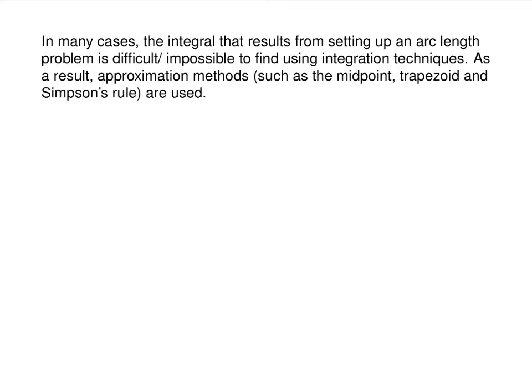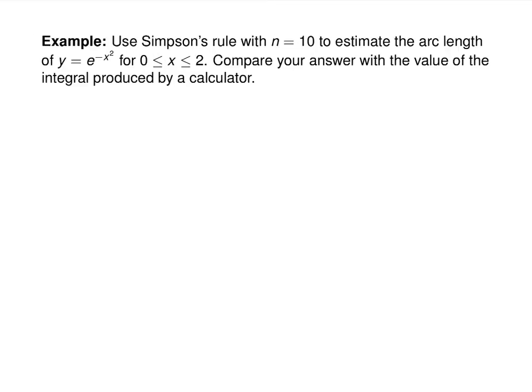So often arc length problems give you stuff that's not possible to deal with, and so you have to use approximation techniques to deal with the integral that you get. So let's just set one up and talk about how you would apply a rule to it, okay? Suppose we were going to use Simpson's rule with n equals 10 to estimate the arc length of this curve, y equals e to the negative x squared.